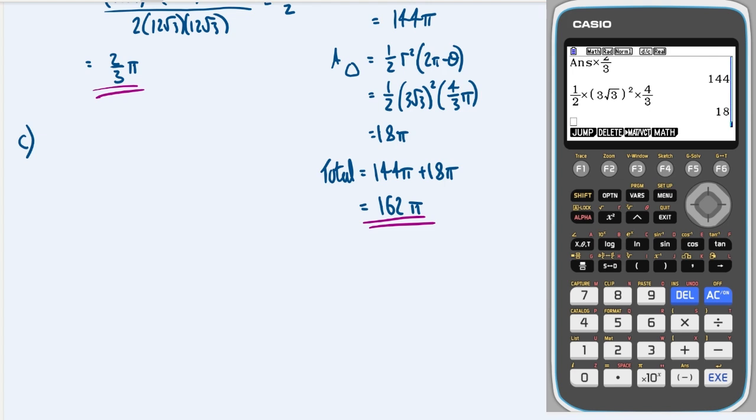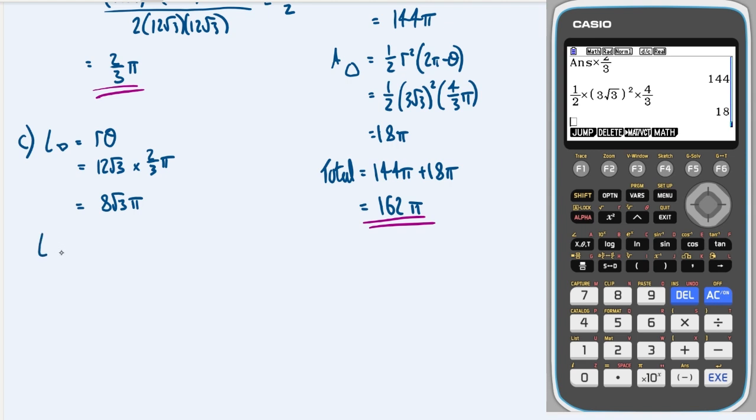Okay, so part C, we're going to need the arc length of the minor sector, sorry, and the arc length is just r theta. So this is 12 root 3 multiplied by 2/3 pi, and this is going to give us 8 root 3 pi.